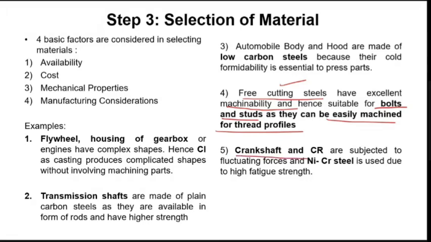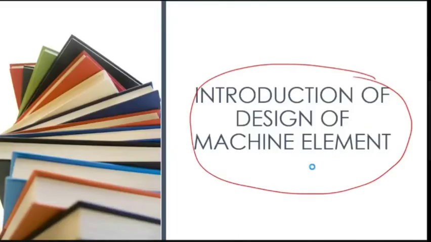Next, crankshaft and connecting rod are subjected to fluctuating forces. So what will you do? You will use NiCr, that is, nickel and chromium material. Why do you want to select Ni and Cr for the crankshaft and the connecting rod?